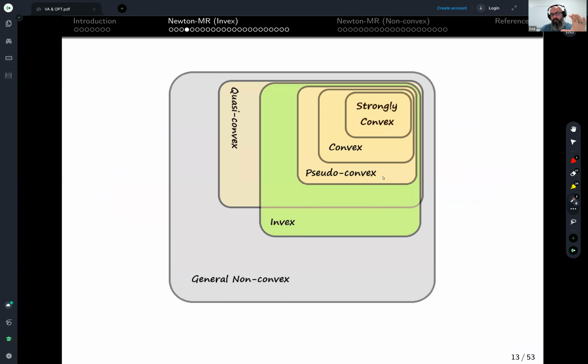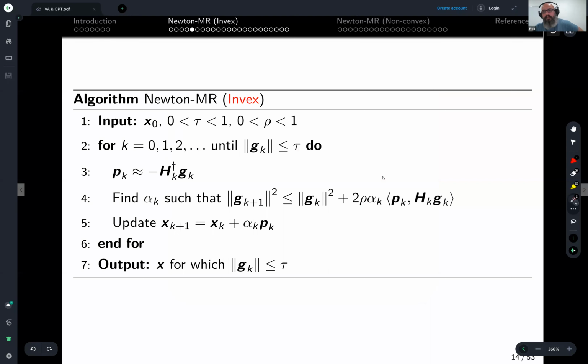And the mental image that you can keep in mind in terms of where invex functions sit across the whole spectrum of functions is like that: they involve all the convex functions, but also include some extra non-convex settings as well. So the very first Newton-MR algorithm that we looked at a few years ago is a very naive implementation, which is essentially running MINRES.